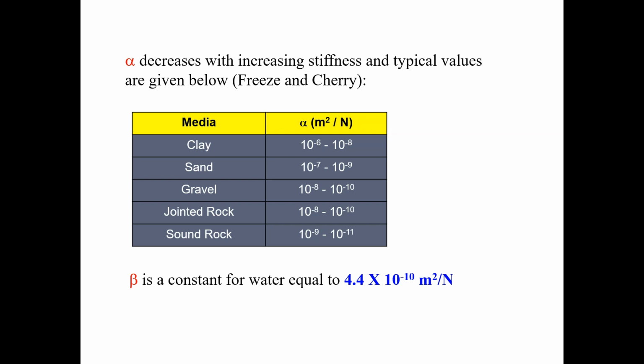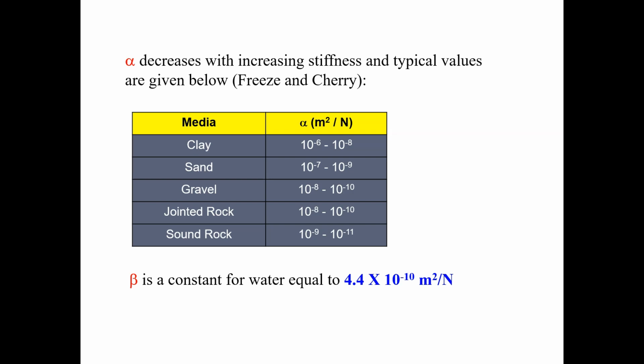And there's a famous book on groundwater by Freeze and Cherry, and they give a table here. Based on the soil you have, you can look up a range of values, and these are in meters squared per Newton. And beta is a constant for water equal to 4.4 times 10 to the minus 10th meter squared per Newton.